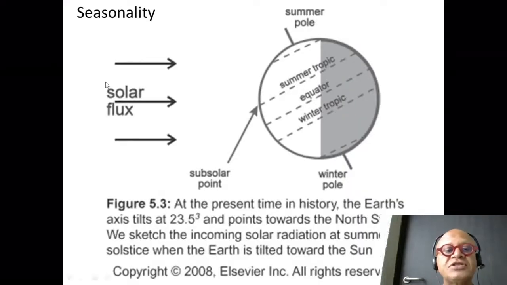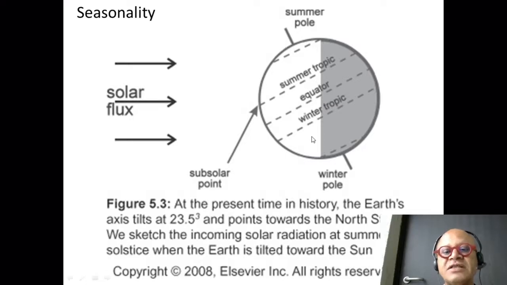So here is solar flux coming in parallel to the sphere, because the sun is far enough out, 150 million kilometers, and the earth is tilted to the plane of the ecliptic at 23.5 degrees at present. This changes from 22.5 to 24.5 on a time scale of 41,000 years.